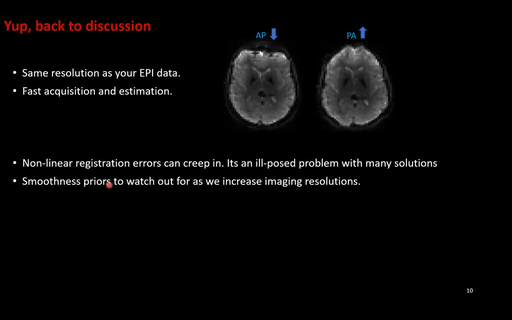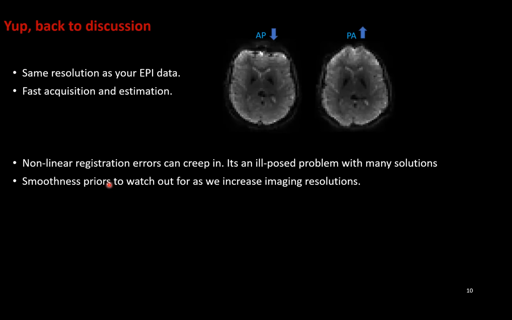However, it's registration. Nonlinear registration errors are first of all very hard to find and validate, and it's an ill-posed problem with many solutions. Okay, so validation is a question. A lot of times, is the estimate that you're getting a good estimate? Sure, registration works, but there are many solutions where registration will work.